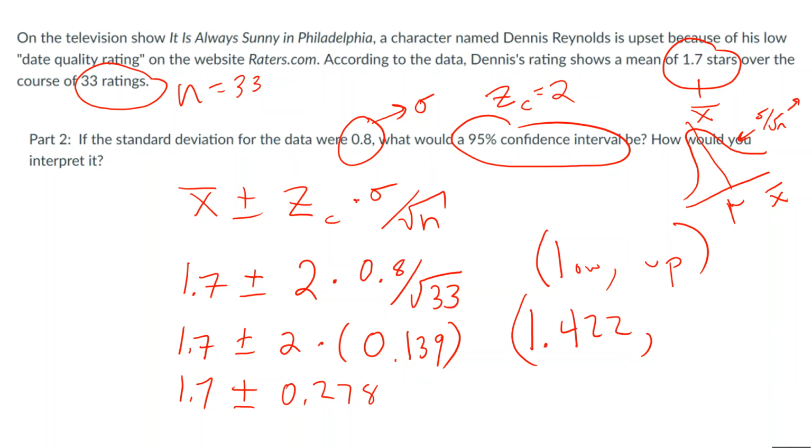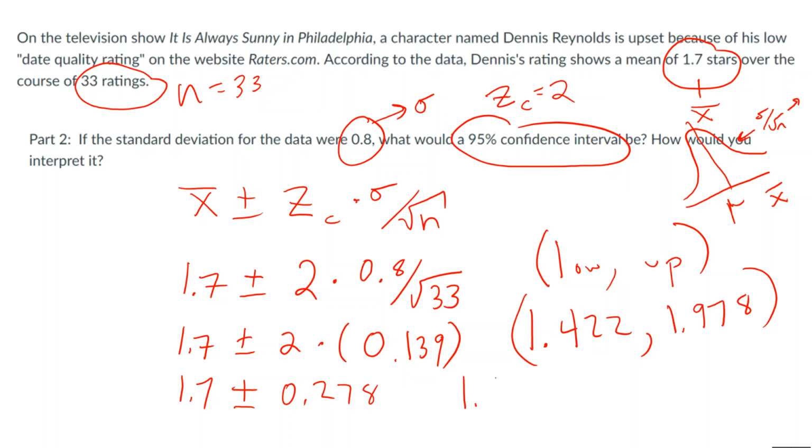The upper bound is given by 1.7 plus 0.278, which comes out to be 1.978. And I'm going to write this in the following way.